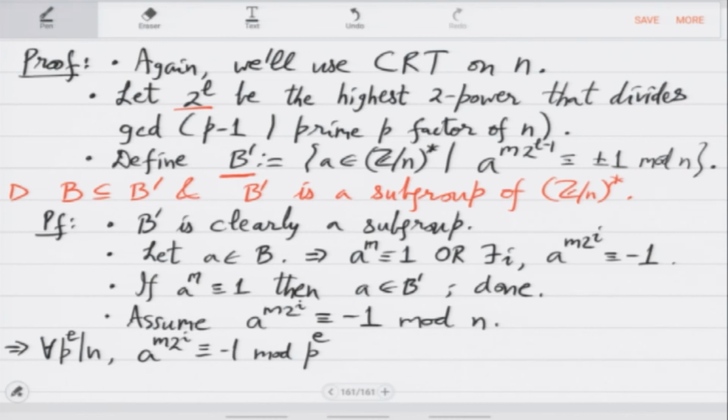Now let us again invoke this property that Z mod P raised to E star is cyclic of order phi P raised to E. So since it is cyclic, what can you say about P minus 1?